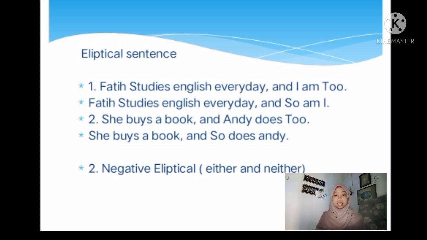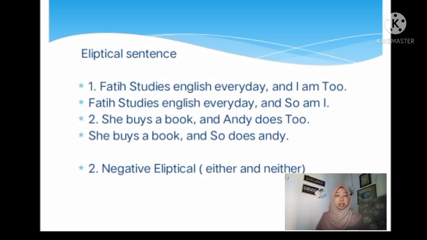Fatih studies English every day, and I do too. Or Fatih studies English every day, and so do I. 2. She buys a book, and Andy does too. Or she buys a book, and so does Andy.